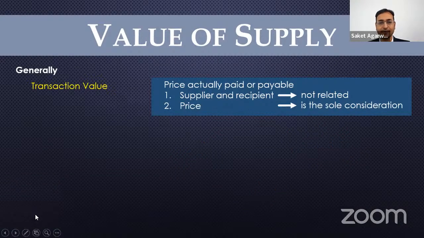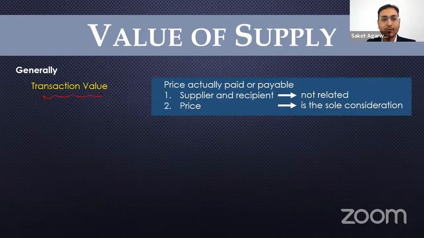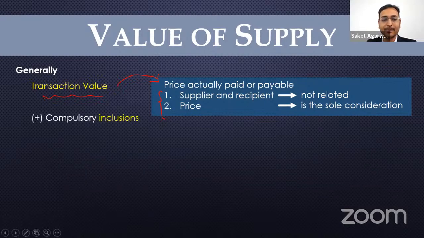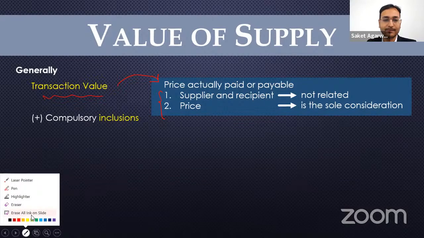So let's recap. Under GST, the amount of GST is determined based on transaction value. What is the transaction value? It is the price actually paid or payable when these two conditions are met. Supplier and recipient should not be related, and the price should have been the sole consideration. Apart from this, the government says there are some compulsory inclusions.